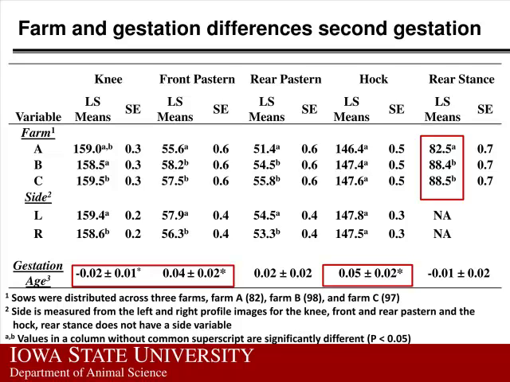And likewise, we see an opposite directional effect for gestation age in the knee and front pasterns. So those angles seem to work against each other as gestation age increases. And then also hawk gets relatively larger as gestation age increases as well.